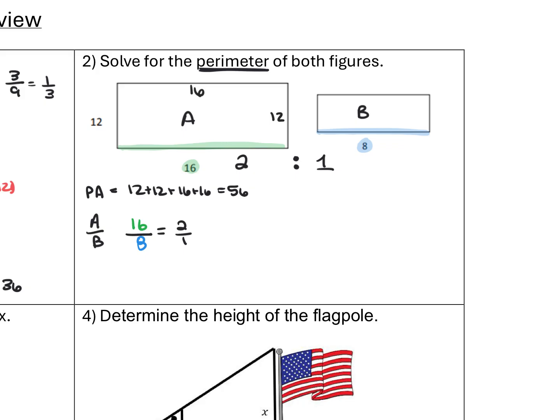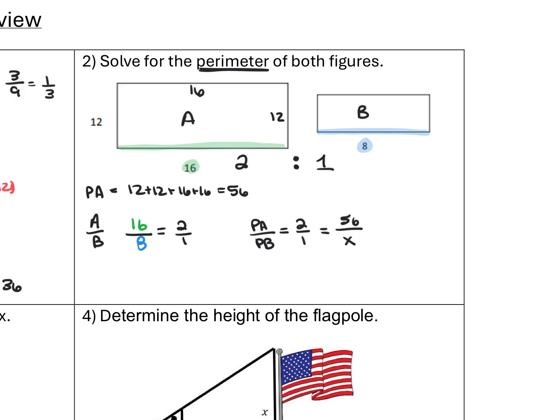Okay, so just like what we did before, we're going to set the perimeter of A to the perimeter of B. That ratio is the same as my side ratio. So that's 2 to 1. And then I'm going to set this equal to the perimeter of A, which is 56.